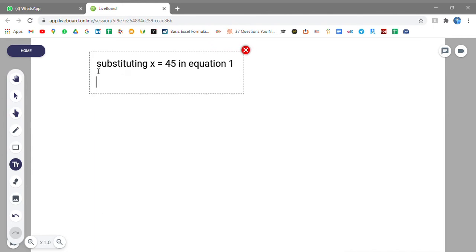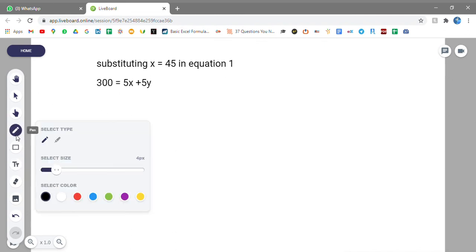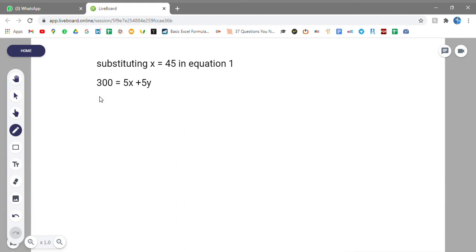So what is equation 1? 300 is equal to 5x plus 5y. Now let us substitute the value. So 300 is equal to 5 into 45, plus 5y.